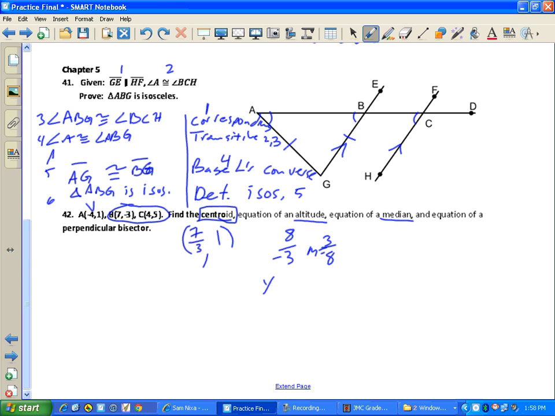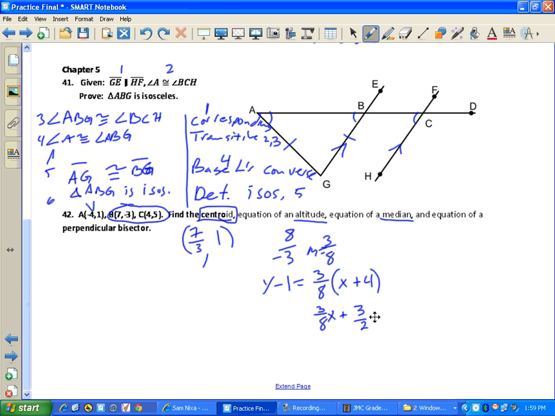So the equation is going to be y minus the y from the point I want to go through, which is this vertex, equals the slope I'm using, x minus -4, which is plus. Distribute, I get 3/8 x plus 3/2.